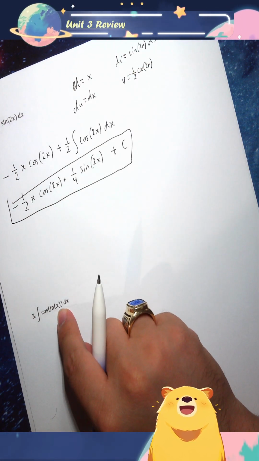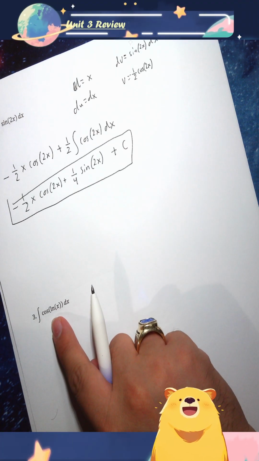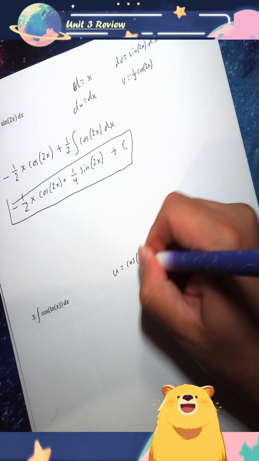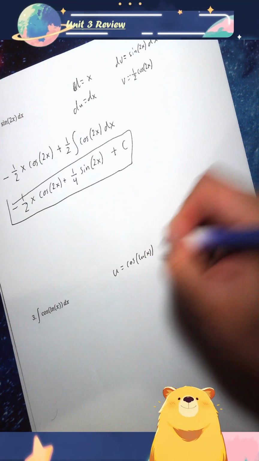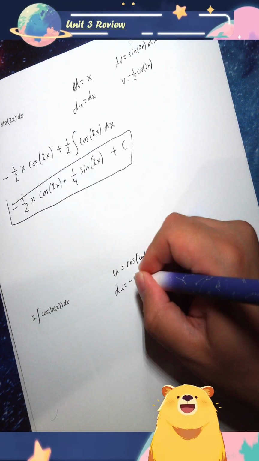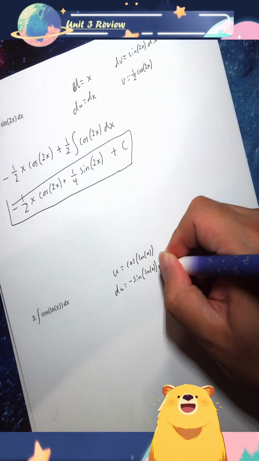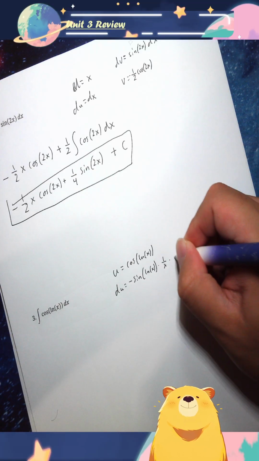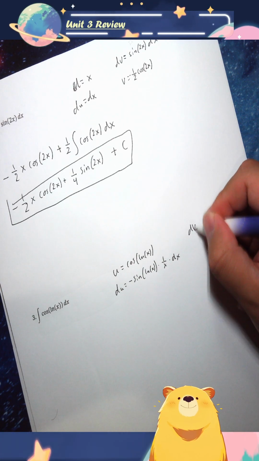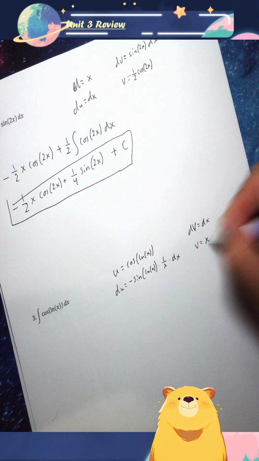Next, we have another situation with using the u substitution, but this one we have it to where just doing the whole thing makes the problem more legible. So I'm going to do u is equal to cosine of ln of x, and du is then the derivative, so sine of ln of x, the derivative of what's inside of it, so times 1 over x, and then dx. dv is just going to be dx, and then v is just going to be x.